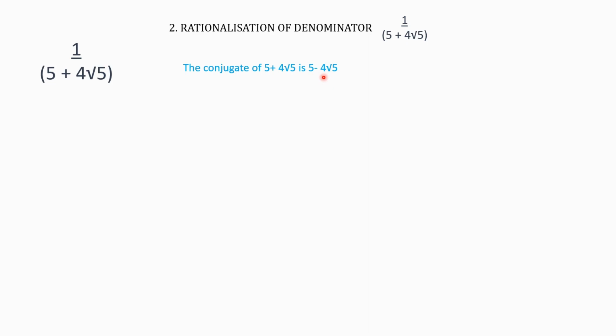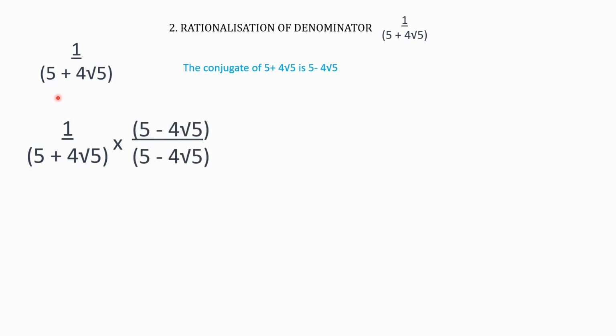Now, we multiply both numerator and denominator of 1 upon 5 plus 4 root 5 by 5 minus 4 root 5. We multiply 1 and 5 minus 4 root 5, we get 5 minus 4 root 5.